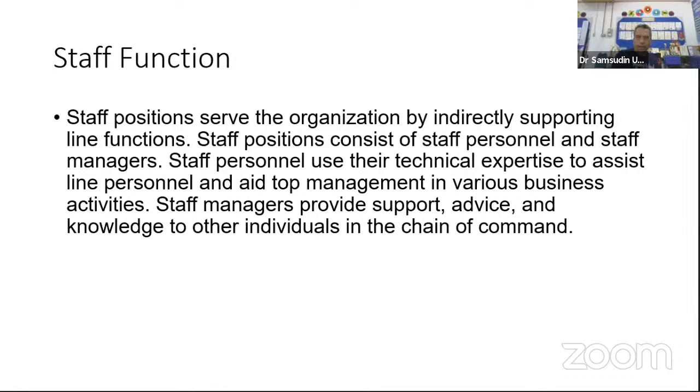Yesterday I was organizing one of the conferences. We consider that a line function, under the academic function, where we handle operations like a conference. When we handle a conference project, it reflects on the performance of our university.